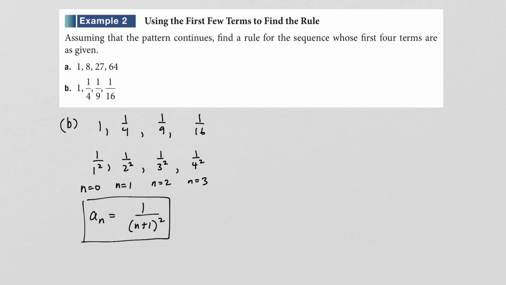So again, because I'm starting at 0, I have to adjust what I'm squaring to make sure that it corresponds to the number that I have. And like the last example, we could also write this as a_n equals 1 over n squared if I choose to start at 1, right?